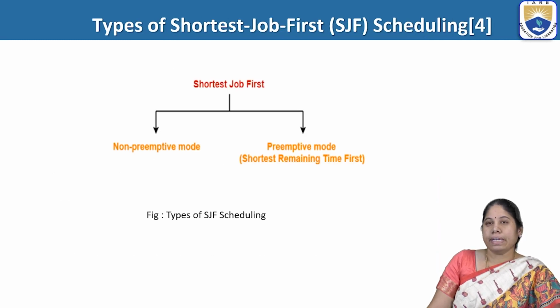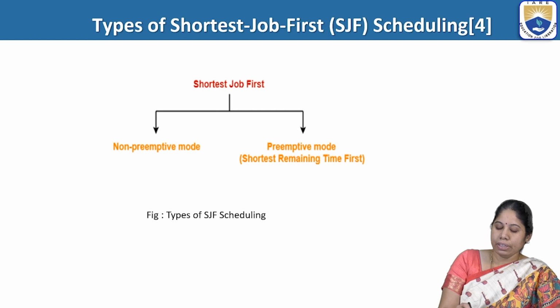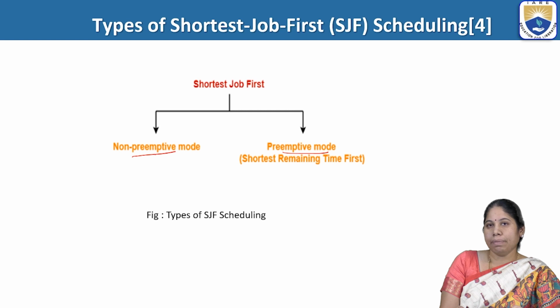So what are the different types of shortest job first scheduling? As we discussed, this scheduling algorithm is available in non-preemptive mode and preemptive mode. Under non-preemptive mode, another name for SJF is shortest job next scheduling. Some textbooks use the term shortest job next scheduling algorithm.